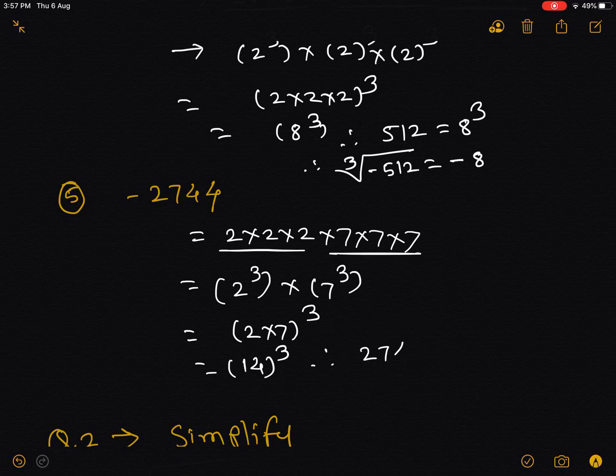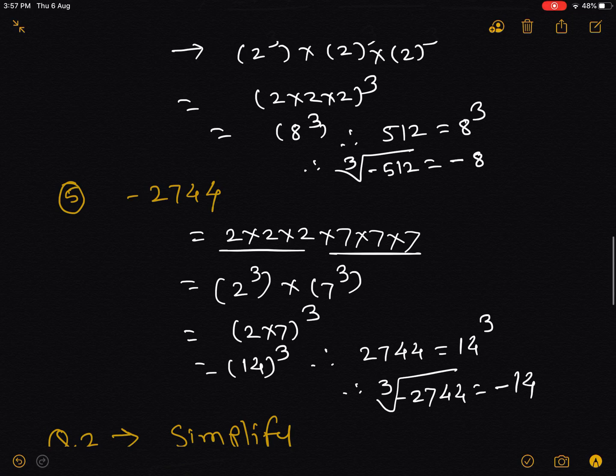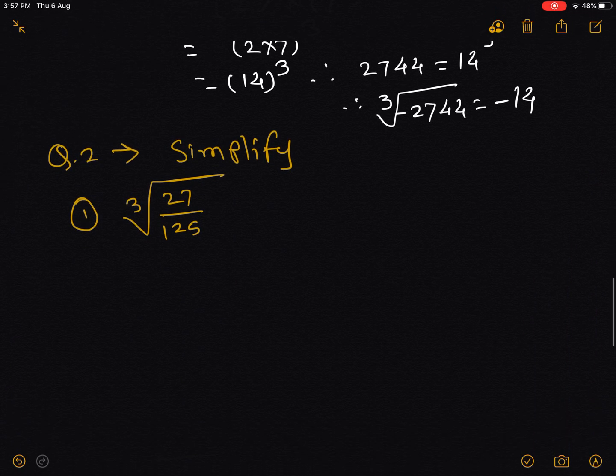Therefore 2744 equals 14 raised to 3. Cube of 14 is 2744. Therefore cube root of minus 2744 equals minus 14.